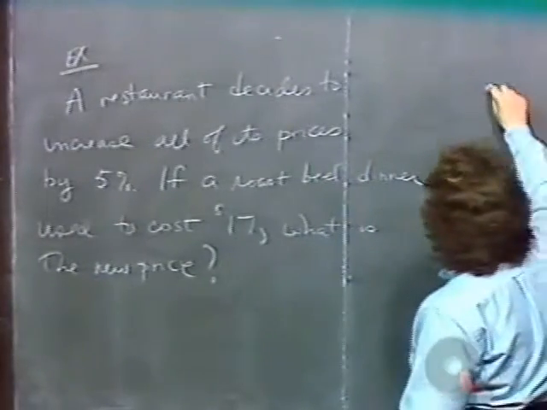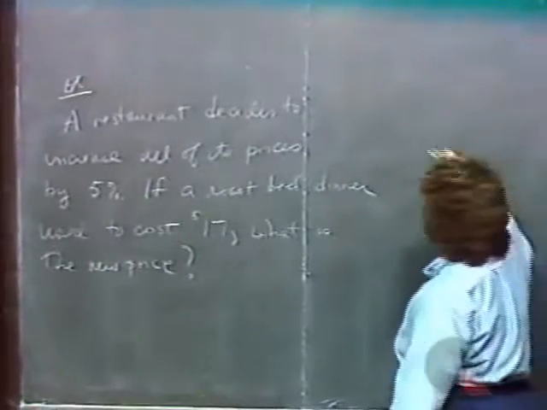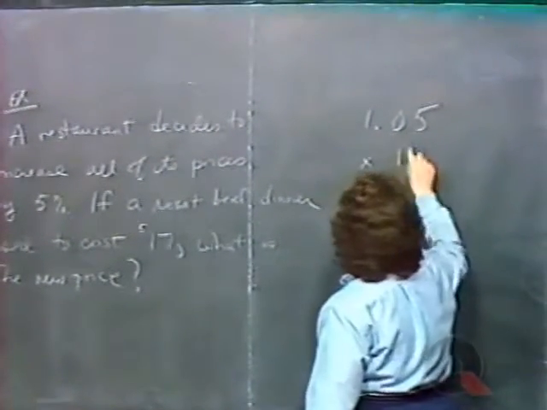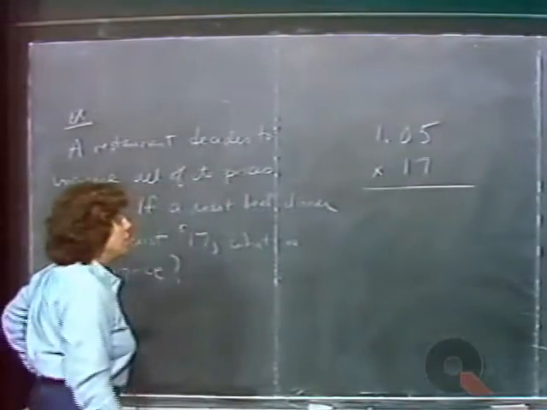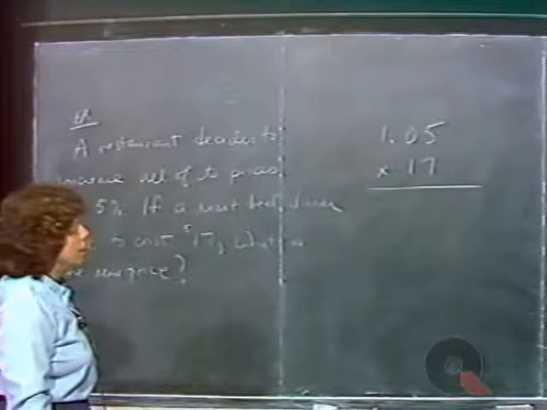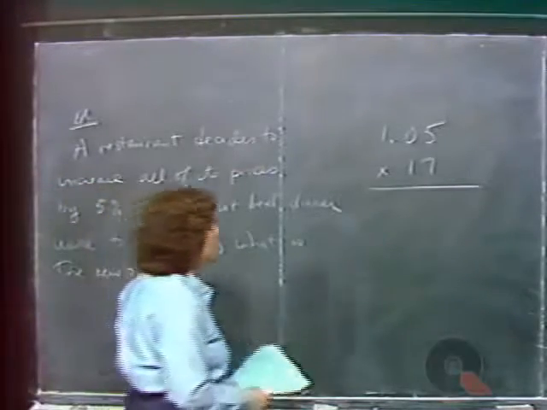Okay, so the new price will be 105% of the old price, or 1.05 times the old price. You can just figure out 5% of the 17 and add it on to the $17, or calculate 105% of $17.